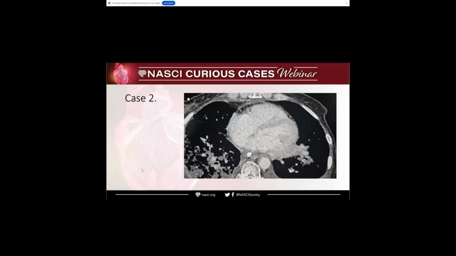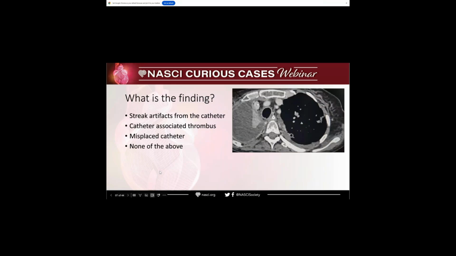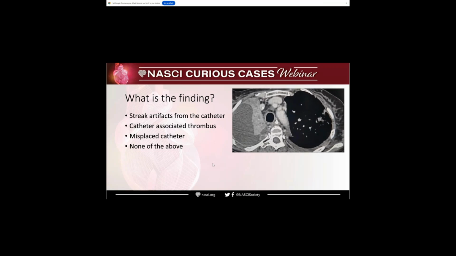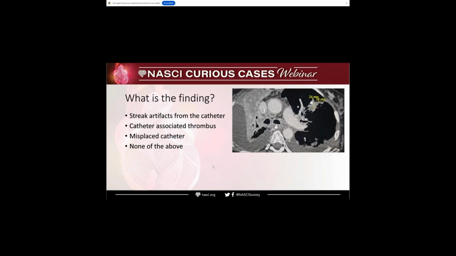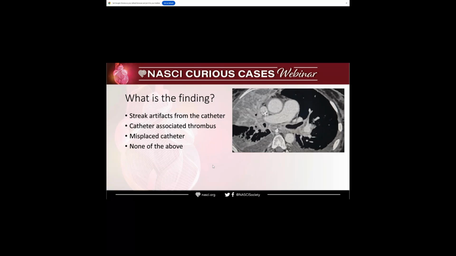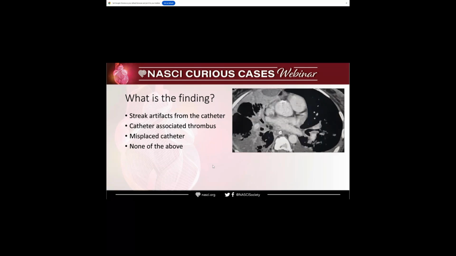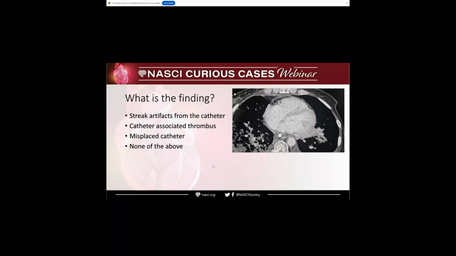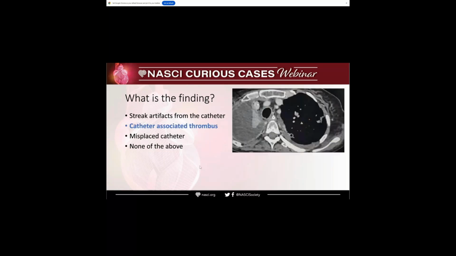So what is the finding? I was thinking catheter-associated thrombus. Yep, I agree. So this is catheter-associated thrombus, and what is the biggest problem with that?